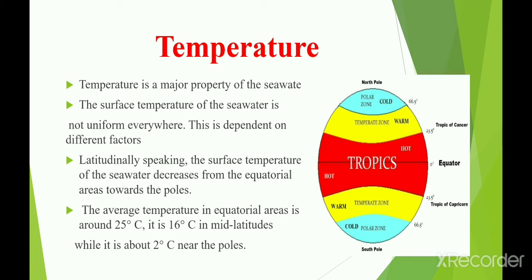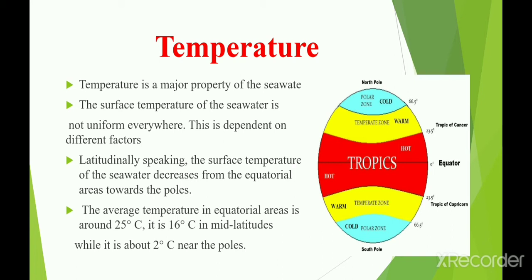The average temperature in equatorial areas is around 25 degree Celsius. It is 16 degrees Celsius in mid latitudes, near the Tropic of Capricorn and Tropic of Cancer.